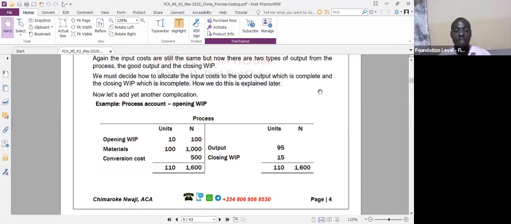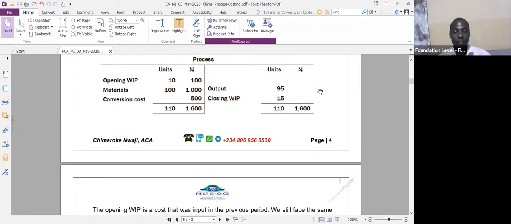But now in this case, we must have had closing work in progress in the previous period, which will now become opening work in progress in the new period. Of course, whatever you value your closing work in progress at is what you will value it at in the new period. Then we have our material and conversion costs. Now, the output and the closing work in progress are still left hanging. So we're going to see how we can deal with that.